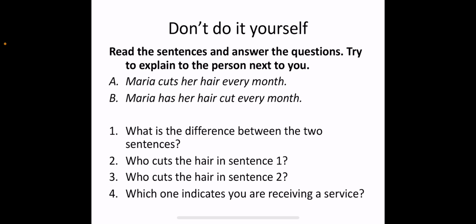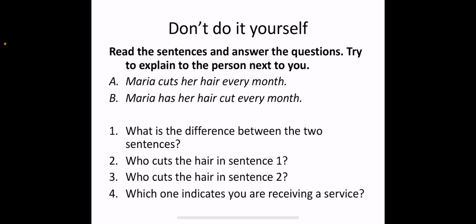If we analyze sentence 1 or sentence A, we can see that it is Maria herself who does this, right? So she takes some scissors and she fixes her hair and she is the one doing the action.